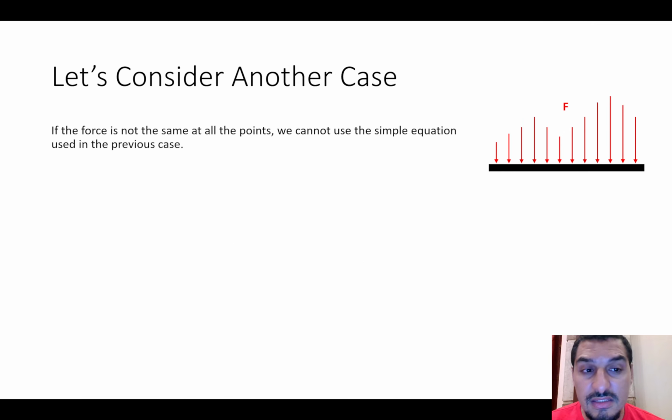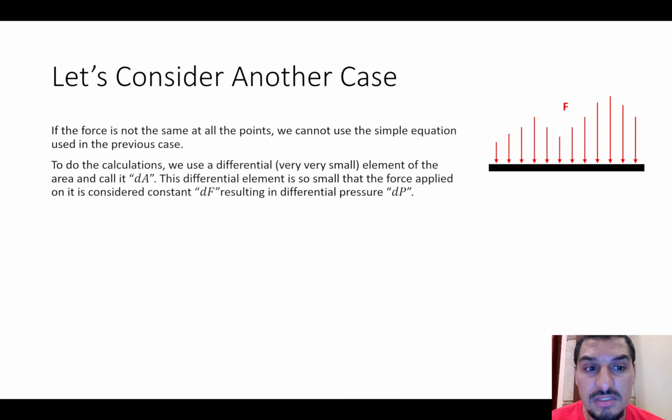For a case like this, we don't have a lumped parameter system. So we can use a tweak to apply a lumped parameter system equation to this distributed parameter system. This tweak is that we take a very small part of this area. This is what we call the differential area.